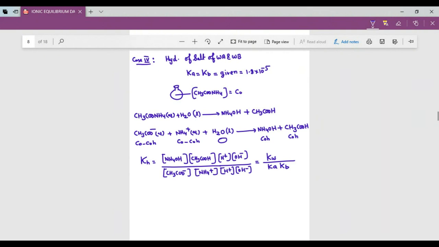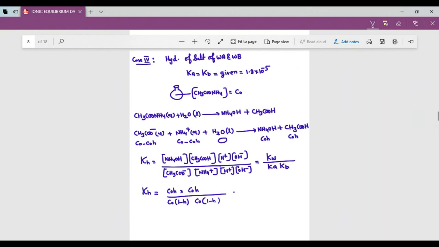So now if I write what is the value of Kh in terms of C0 and h, I'm writing here concentration of NH4OH, that is C0h, concentration of acetic acid, that will be C0h, divided by concentration of acetate ion, that is equal to C0(1-h), concentration of ammonium ion, that is C0(1-h).